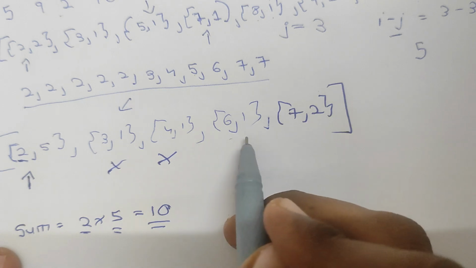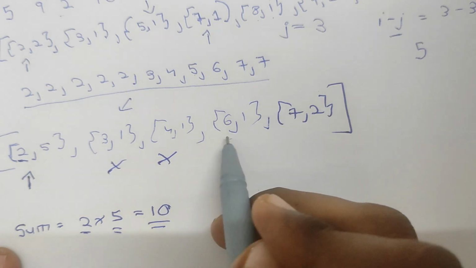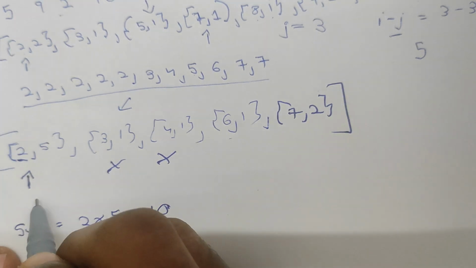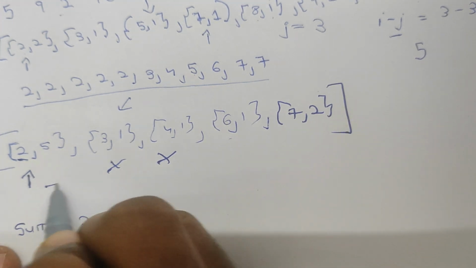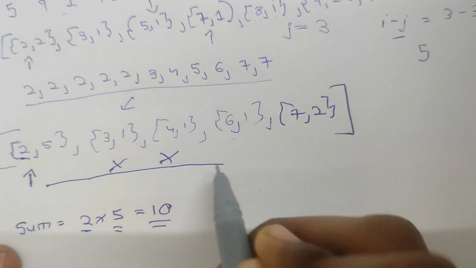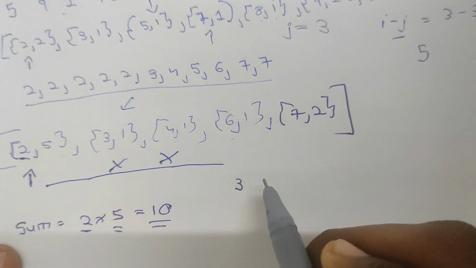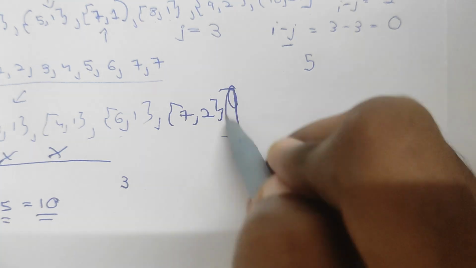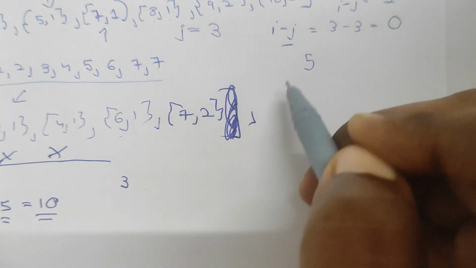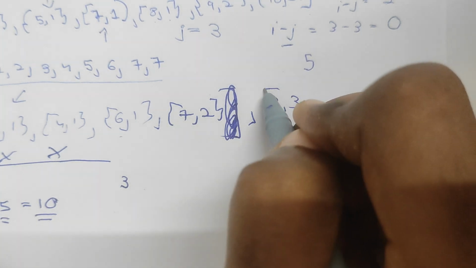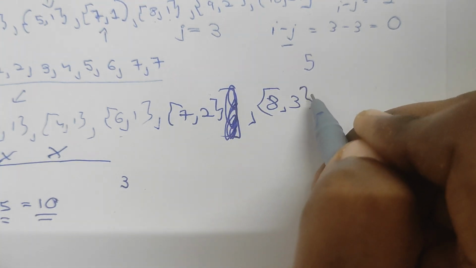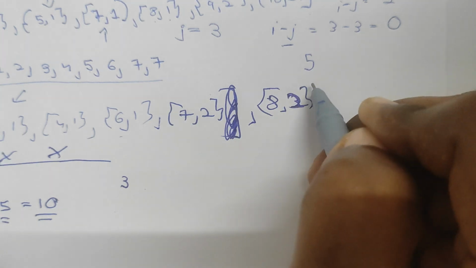The next value that you can choose is this value. The distance till here is 1, 2, 3. The distance till here is 3. Wait, I will add one more value, 8, 2. It's fine.